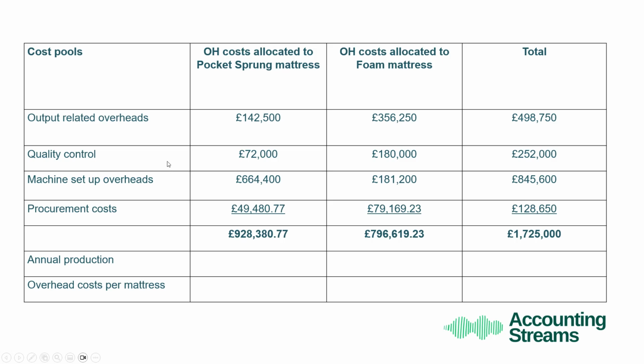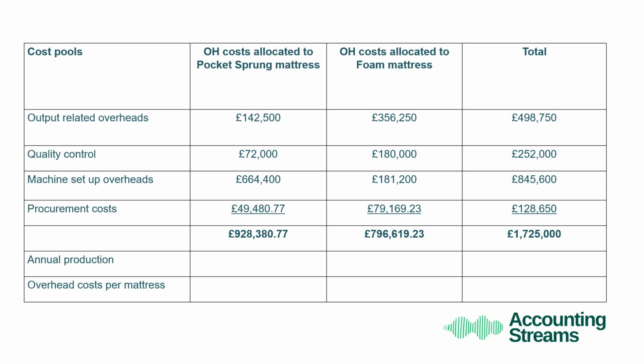Same with quality control, machine setup overheads, and procurement cost. Now if you add up these two figures, it should give you the same amount that we had in the original question, which is the total production overhead cost, £1,725,000.